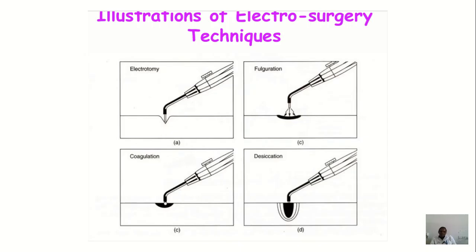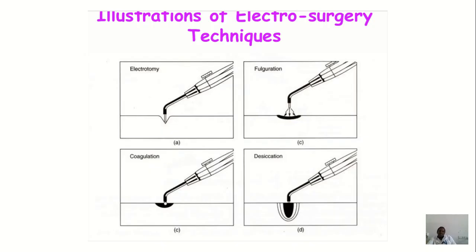The third is coagulation, and the fourth is desiccation. In the last class, the last PPT, we explained the surgical diathermy techniques: cutting, fulguration, coagulation, and desiccation. These techniques are illustrated in four diagrams.